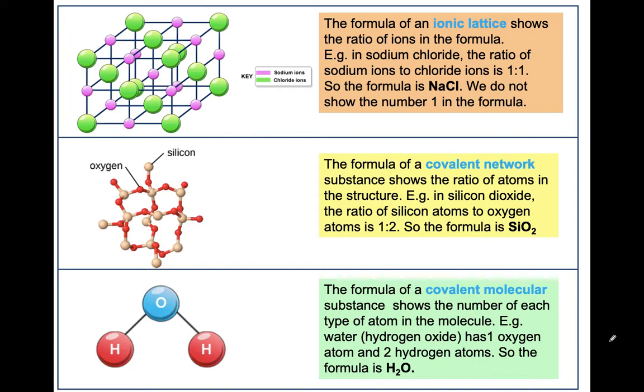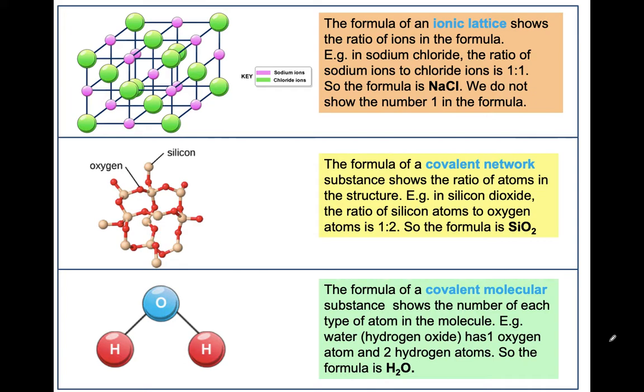When we are talking about the formula of a covalent network, this shows us the ratio of atoms in the structure. Now remember, our covalent networks are massive structures composed of thousands and thousands of atoms held together by covalent bonds. So when we are talking about silicon dioxide, for example, its formula is SiO2.